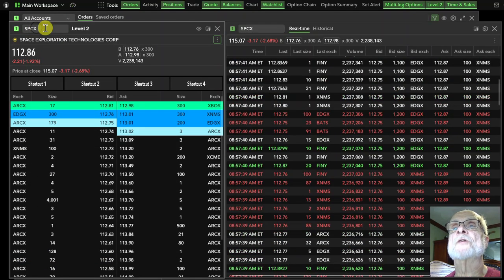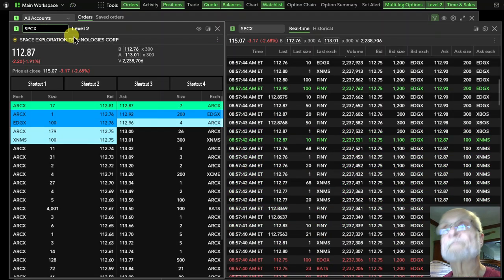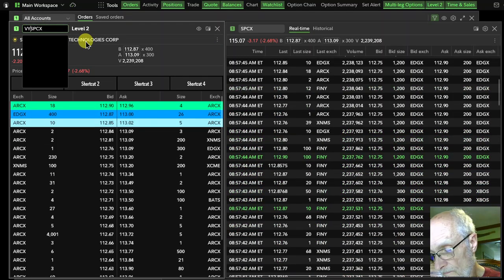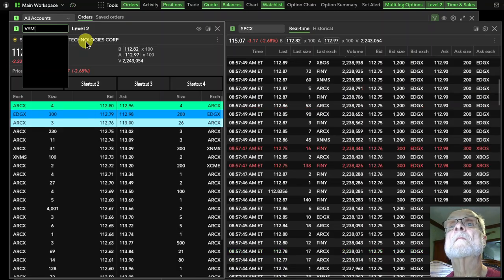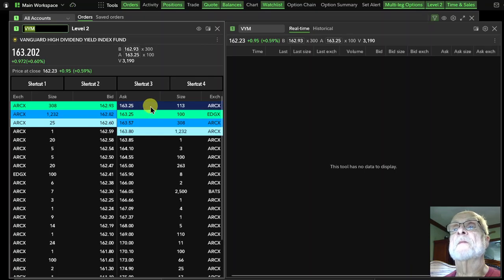And so I could change this to be VYM. And because this is pre-market, it's not likely that there are going to be any trades happening. But when the market opens, there's somebody that's hopeful that they would receive $163.25 for their shares, and they have 113 shares available.